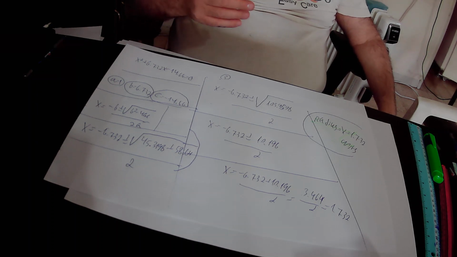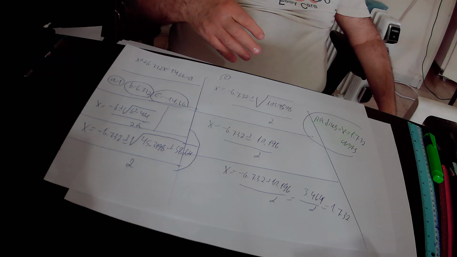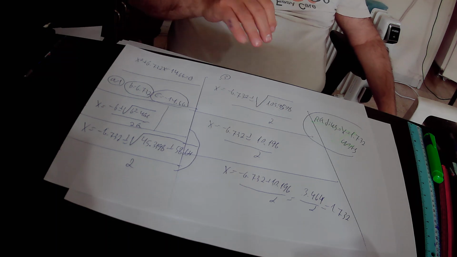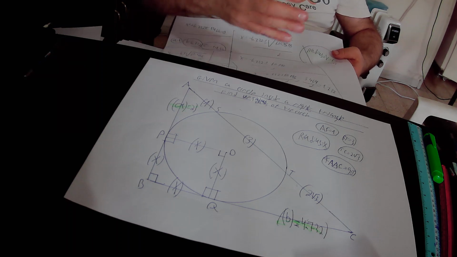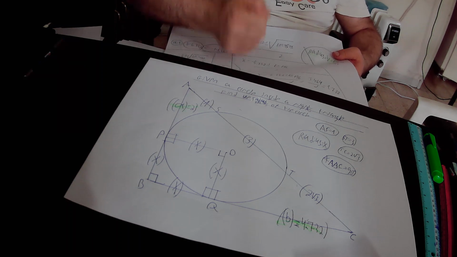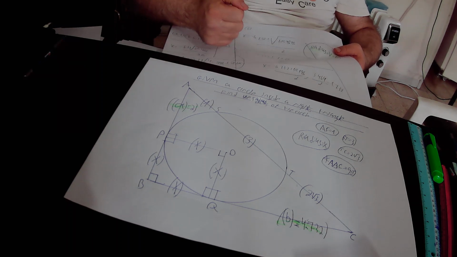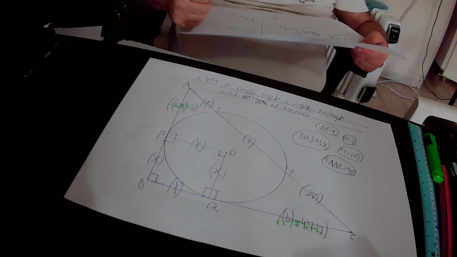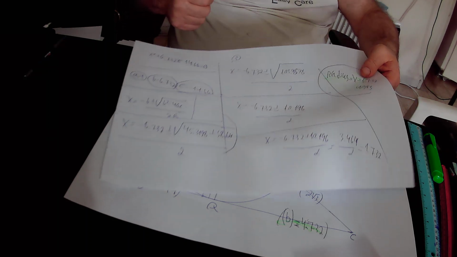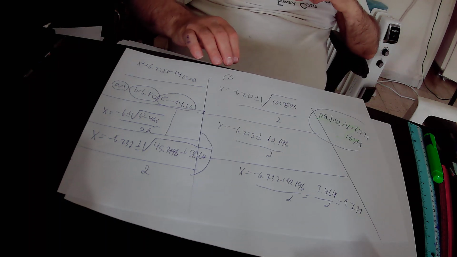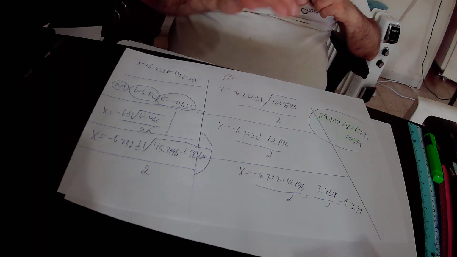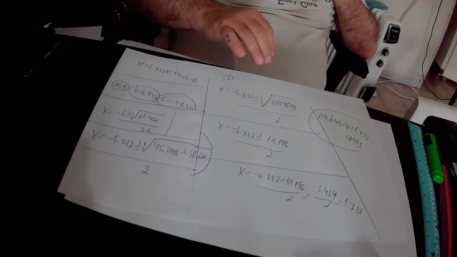The negative solution is the incorrect solution. Why? Because x is defined as the radius of this circle. A radius is a length, and a length must be a positive number. Therefore, the negative solution is irrelevant, and we take into account only the positive solution for x.